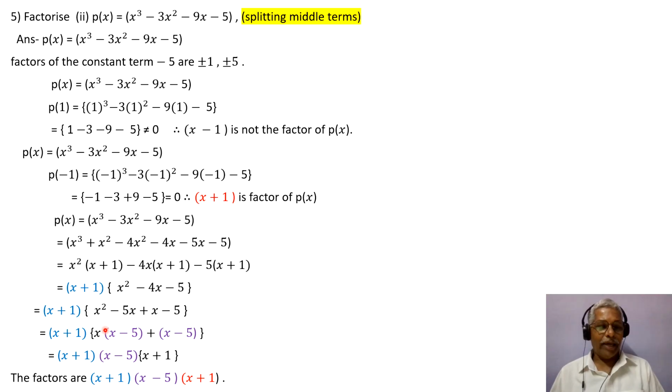Now take x common in this, you are left with x minus 5, and put a bracket to this x minus 5, and now take x minus 5 common from this, you get x minus 5, and in the big bracket you are left with x plus 1. Okay, this is 1 here. So ultimately the factors are x plus 1, x minus 5, and x plus 1, again the same as in the previous case. Okay, very simple.